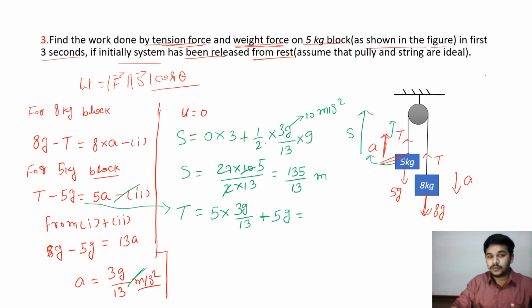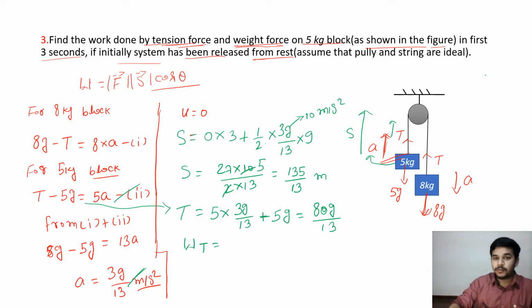Don't worry, it is lagging somewhat. So 13 times 5 is 65, and 5 times 3g is 15. So 65 plus 15 becomes 80, so it will be 80g by 13. So we got the tension. Now let's calculate the work done by tension force.